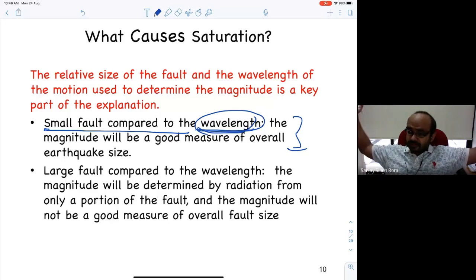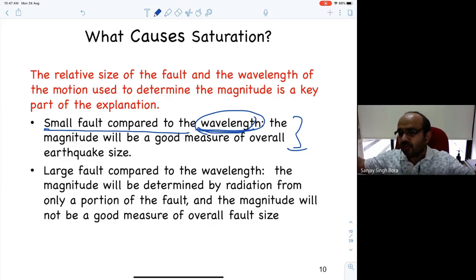Say the fault is very large, like 200 by 30 kilometers, and the wavelength of the wave which you are using to measure the earthquake size is 20 meters or 30 meters or 50 meters. Can that wave of wavelength 20 to 30 meters see the entire fault? No. You will still need a bigger wavelength to see the entire fault.